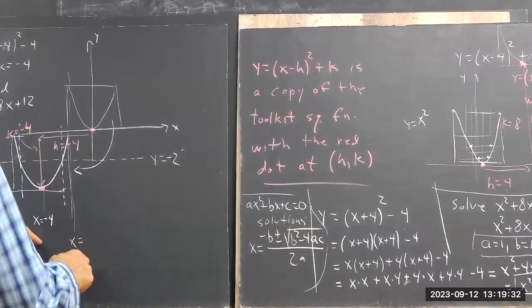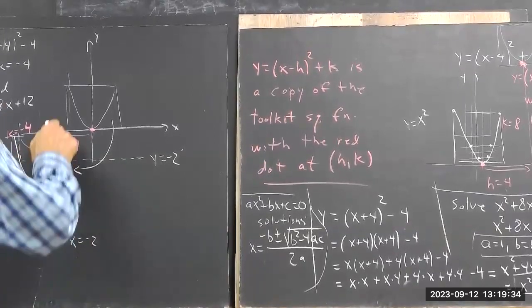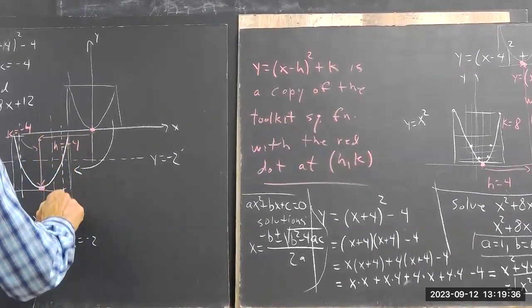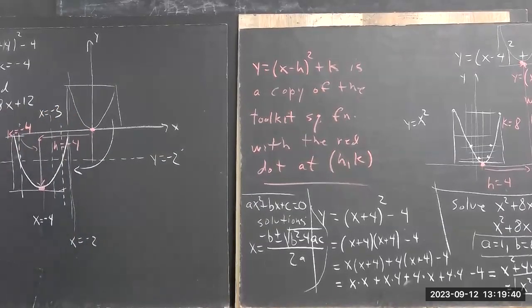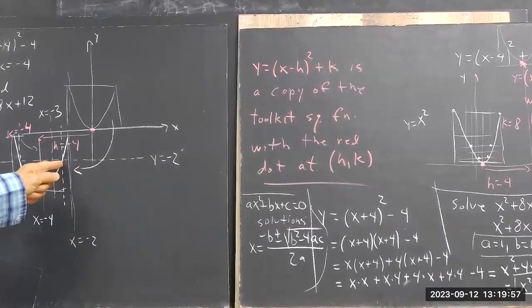So halfway between x equals -2 and x equals -4 would be x equals -3. What's our estimate of this coordinate here? It looks like it's a little more than halfway from x equals -3 to x equals -2. So that might be -2.3 maybe.